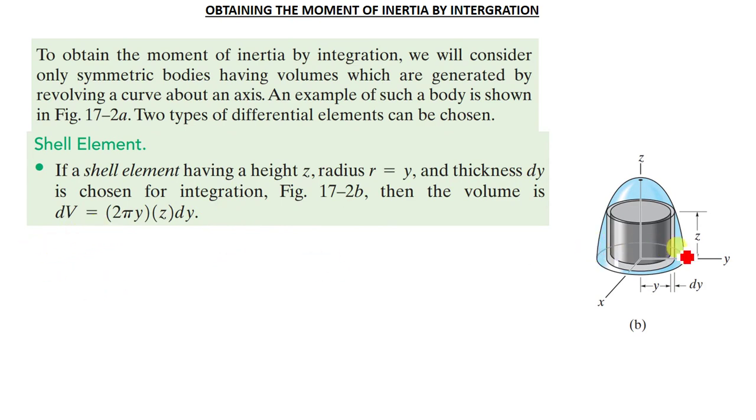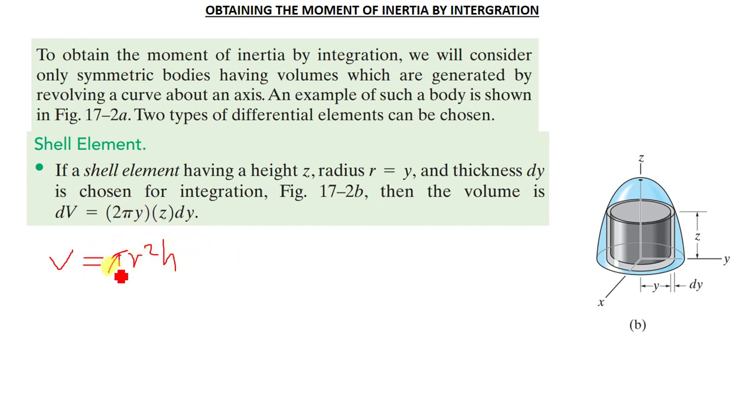If you choose the shell element, you need to say the volume of this shell is going to be V equal to pi r squared h.